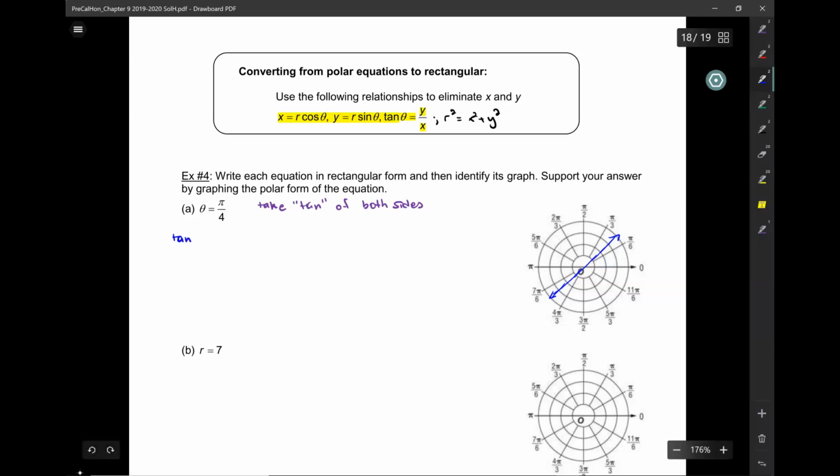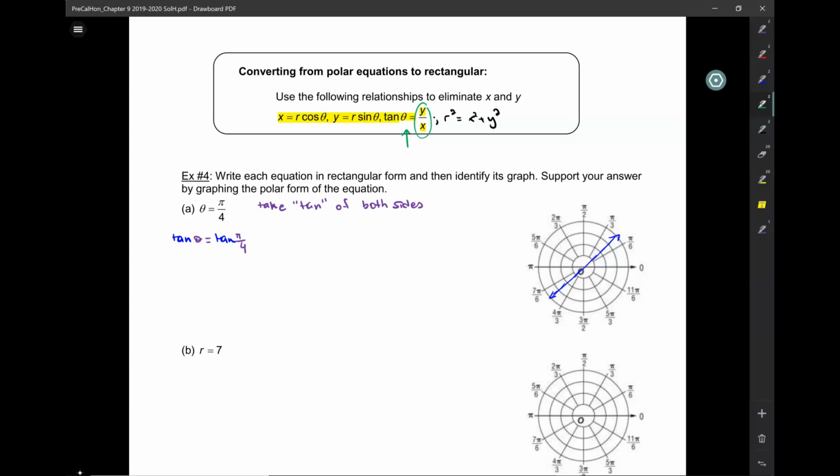So I get tangent of theta is equal to tangent of pi over 4. And now, what's tangent of theta from our equations here? Tangent of theta is equal to y over x.